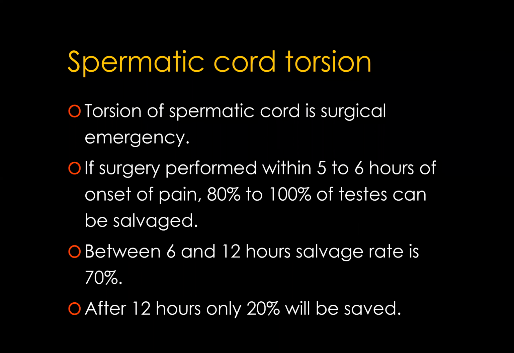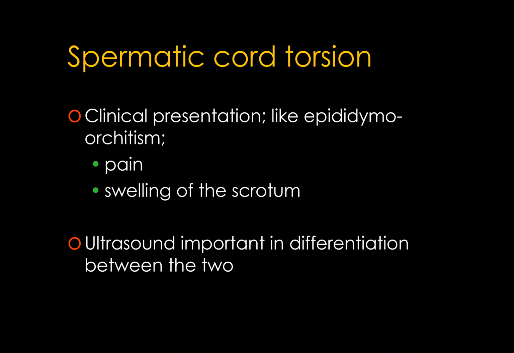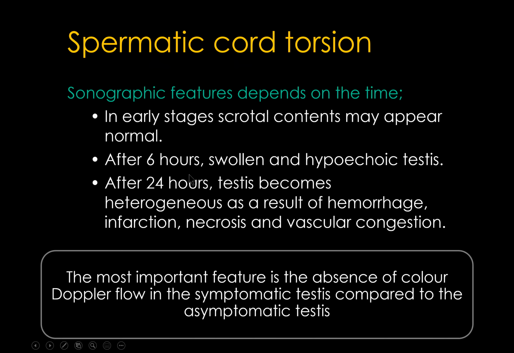Clinically, torsion might present like epididymitis or cysts. It will show you pain and swelling of the scrotum. Ultrasound, especially color Doppler, is vital here to differentiate between the two. Ultrasound findings depend on the time passed since the torsion. In early stages, 1 or 2 hours, scrotal content may appear normal.